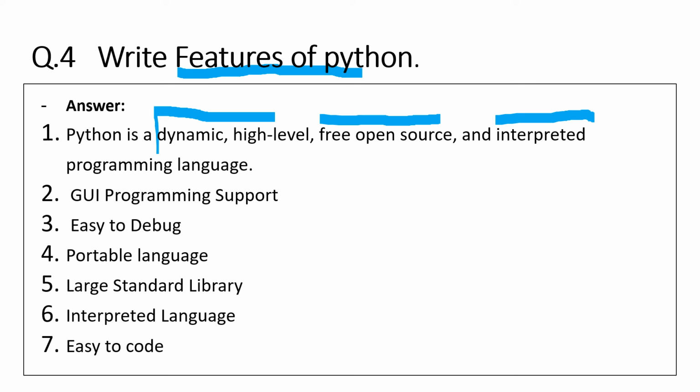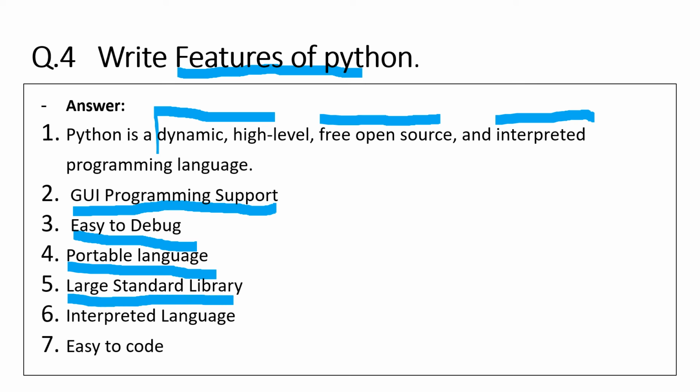Second feature is Python supports GUI programming, graphical user interface programming support is provided by Python. Python is easy to debug. Python is a portable language, it is extendable. Python has a large standard library.